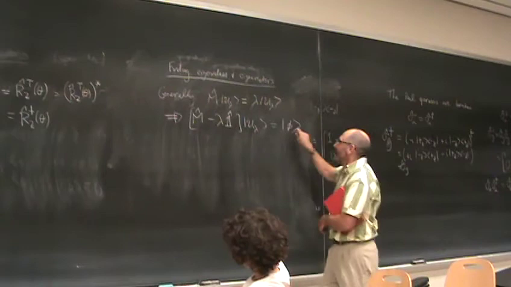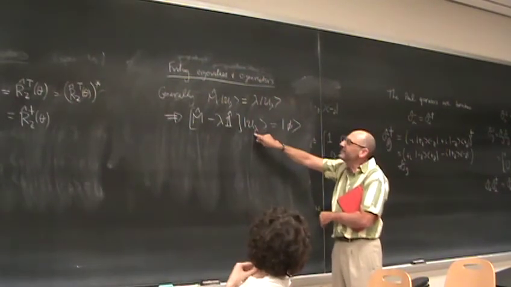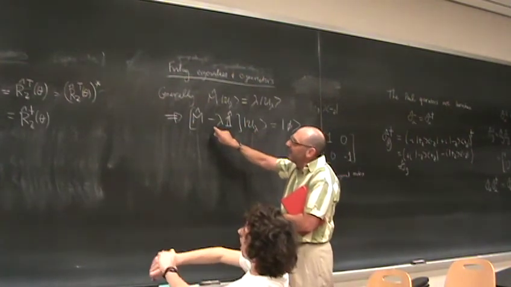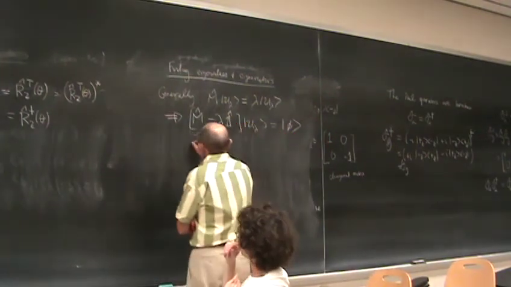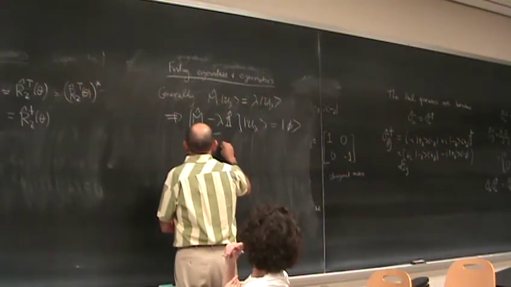Because if it was, then this would equal 0, and it doesn't. Since this is a singular operator, a singular matrix, that means that the matrix has determinant 0.